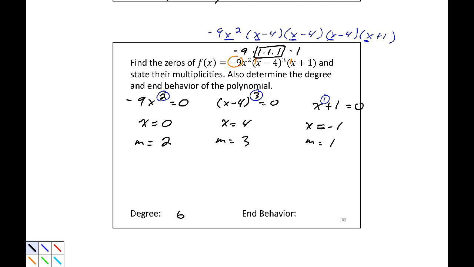All right, so our leading coefficient is minus 9. Putting that together with an even degree, a negative leading coefficient with an even degree tells us that our function is going to fall to the left and also fall to the right.